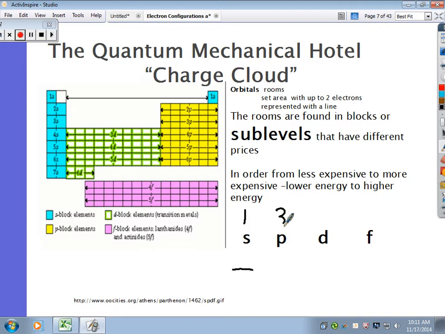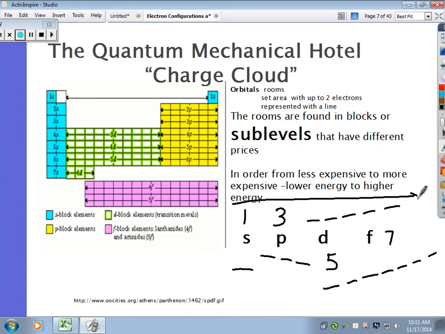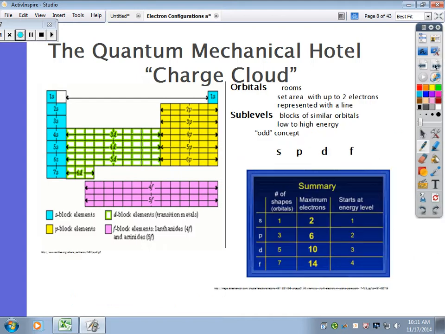The P block, odd, has 3 lines, or 3 rooms, or 3 orbitals. The D block has 5 lines, or rooms, or orbitals. And the F block has 7, 1, 2, 3, 4, 5, 6, 7 lines or orbitals. So this is an odd concept, and they're from less expensive to more expensive, or low in energy to high in energy. And the analogy here is 1, 3, 5, 7, very odd concept.